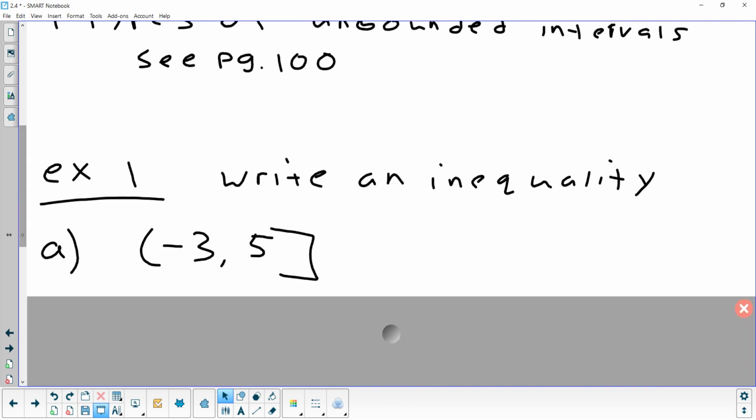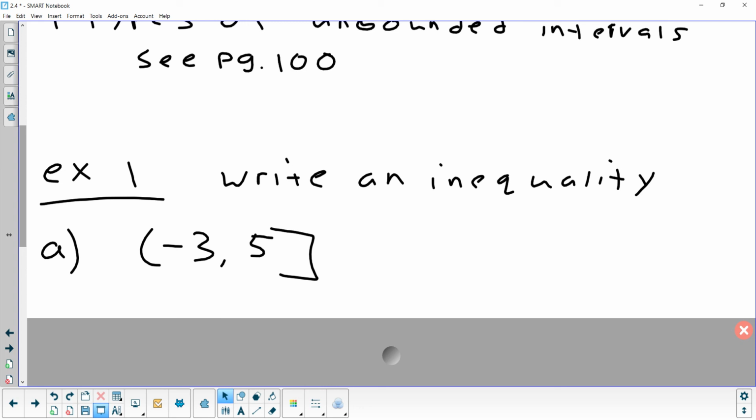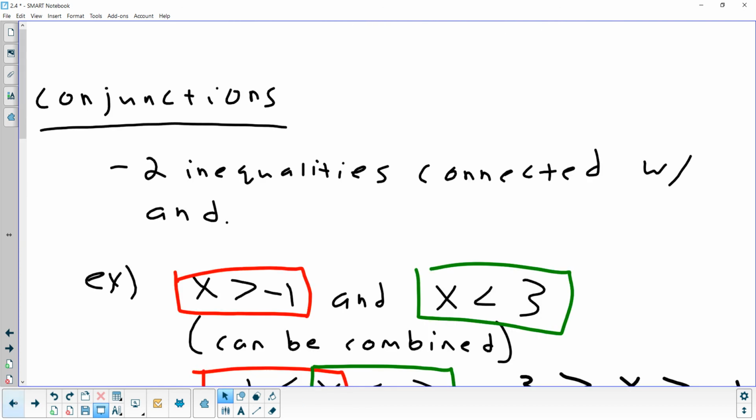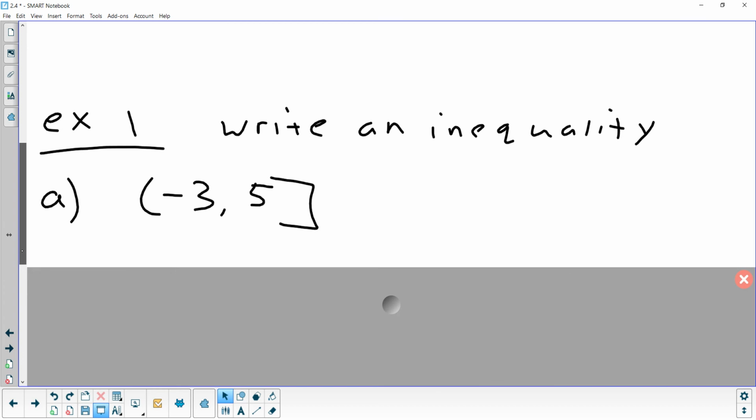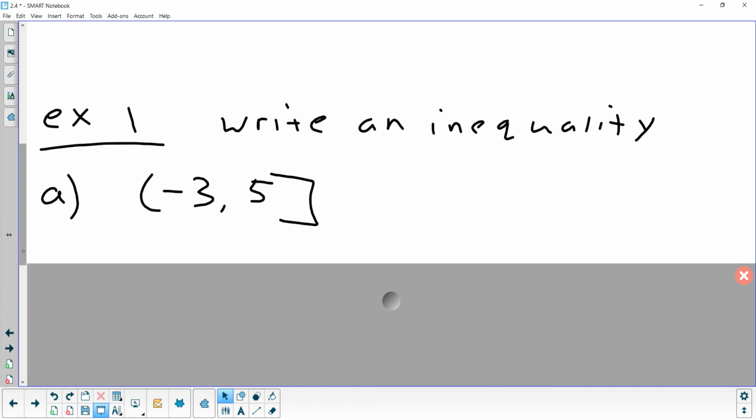So let's see if we can take something that's written as an interval and rewrite it as an inequality. So what I want you to do is take something like this and rewrite it more like that. First of all, let's just describe what kind of interval is this.